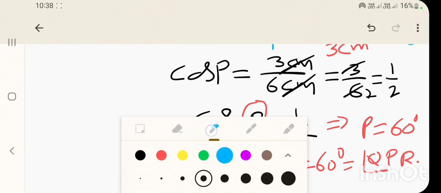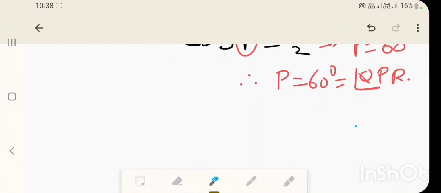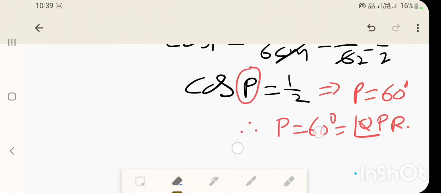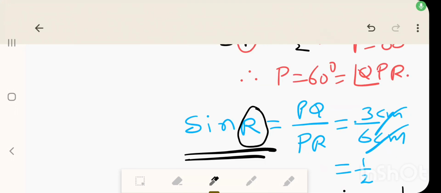Now, the other angle they are asking to calculate is angle PRQ, so we need to calculate angle R. If you look at angle R, the side opposite to angle R is PQ, and the hypotenuse is PR. So sin R is PQ by PR.